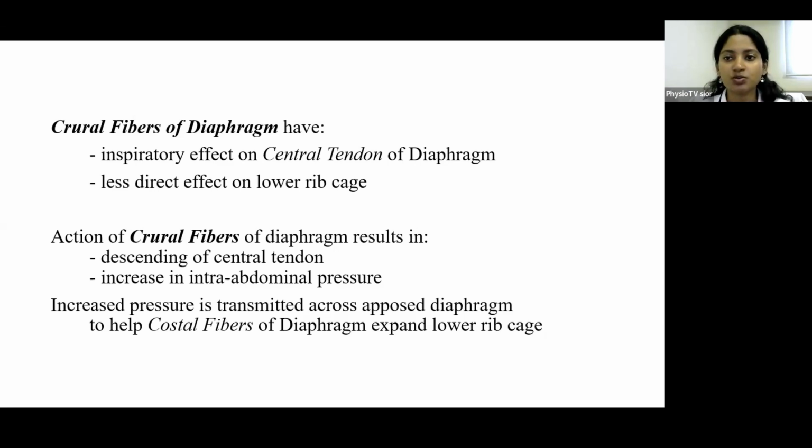Once again, like we saw in the previous slide, the increased pressure is transmitted across to the opposed diaphragm, and these two indirectly help to pull the ribs outwards and upwards. So they augment the costal fibers of the diaphragm to expand the lower rib cage as well.